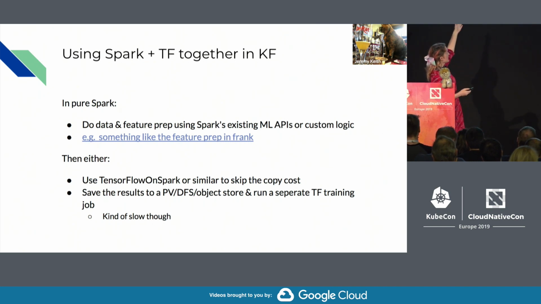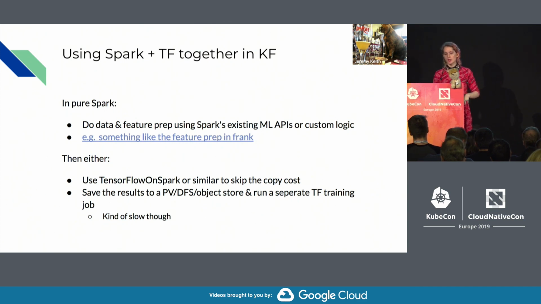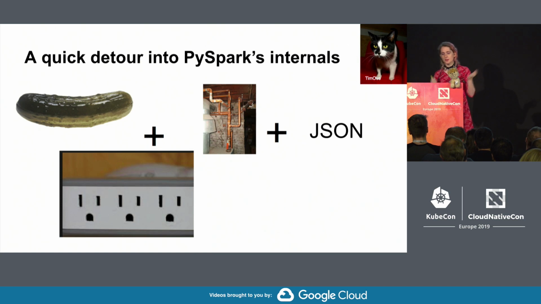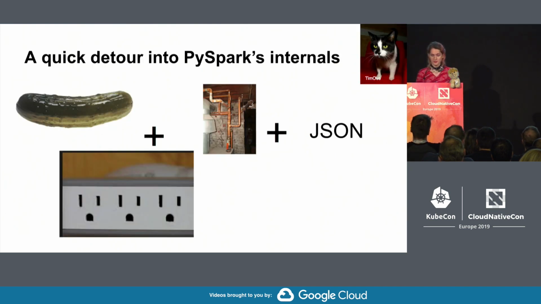And so we can use things like TensorFlow on Spark to just keep doing our TensorFlow job inside of our Spark job. Or we could just be like, you know what, Spark, thank you very much for your feature preparation. Please save the results to my favorite object store, and I'm going to kick off another job and keep going from there. Although that is kind of slow because we have to write everything to disk and then read it all back in. And so we're going to talk about why, even though the first option sounds really good, it's not. Because happiness is an illusion.